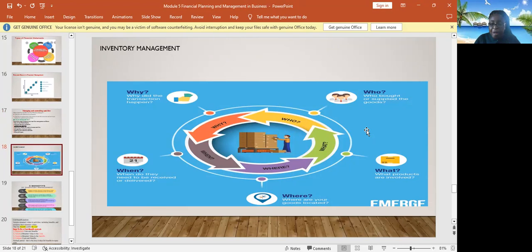In inventory management, you know the inputs you bring in, you know what you sell out, and who purchased. Who supplies you and who bought your goods from you must also be in inventory management.